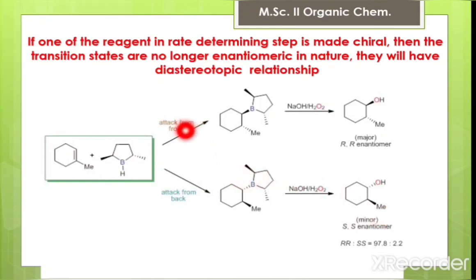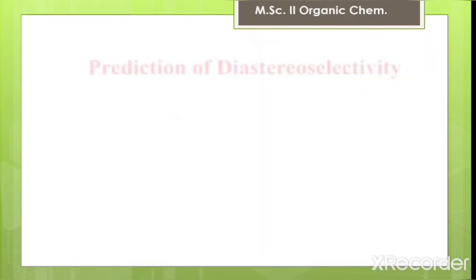That means attack from the front is major and has the RR enantiomer, while attack from the back is minor and has the SS enantiomer.